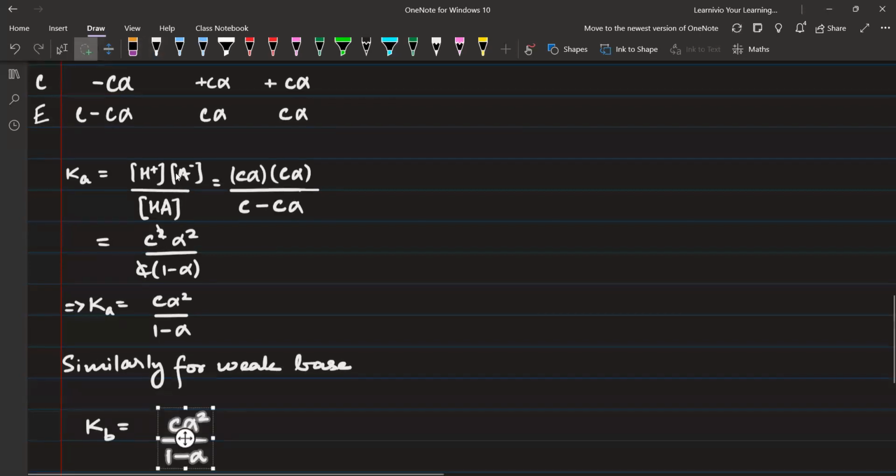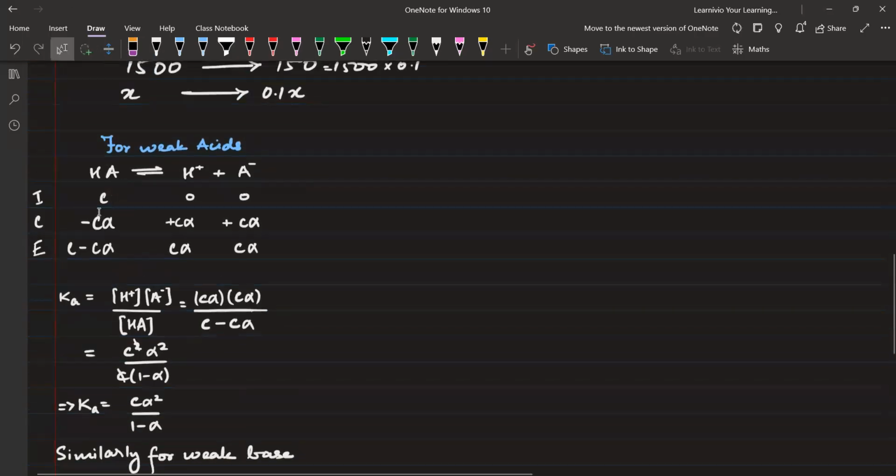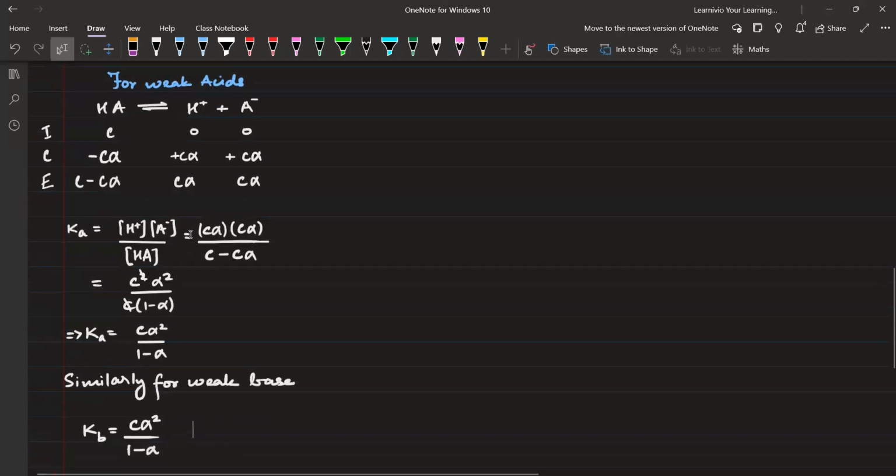Yes or no? It is the same thing. We will have the same thing because the concentrations will be the same. We will take C amount of base, the alpha will be the degree of dissociation, and the same thing will happen. Correct? Yes or no? So you will remember this.